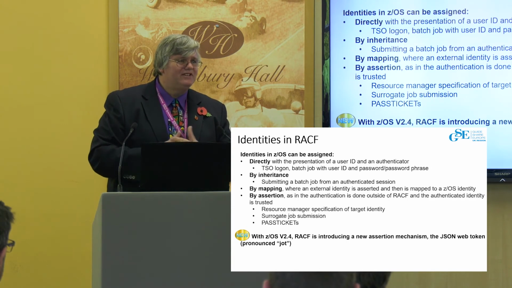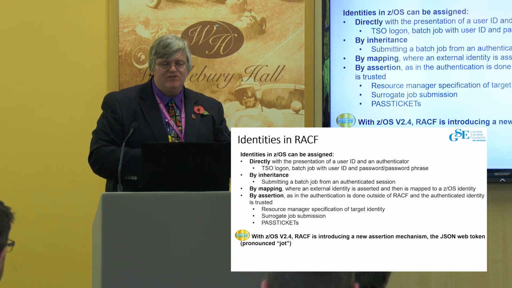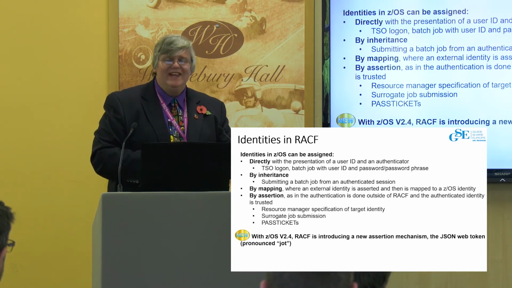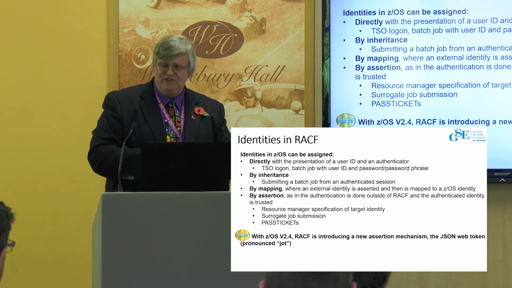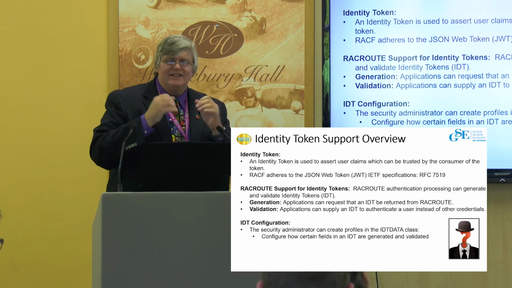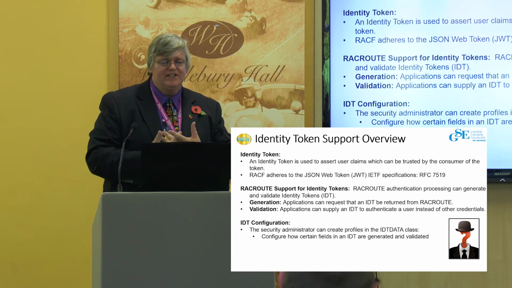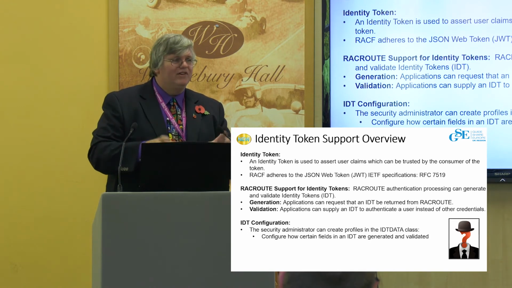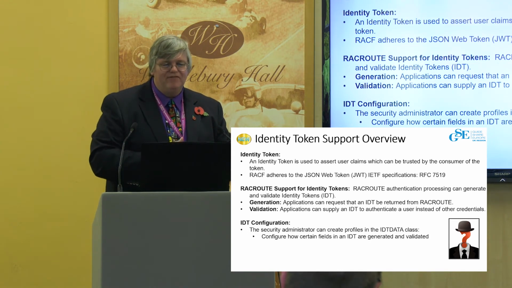Now with z/OS 2.4, RACF is introducing a new assertion mechanism. It's the JSON Web Token, sometimes called the JOT. It's an industry standard assertion mechanism for identity. We're adhering to RFC 7519.